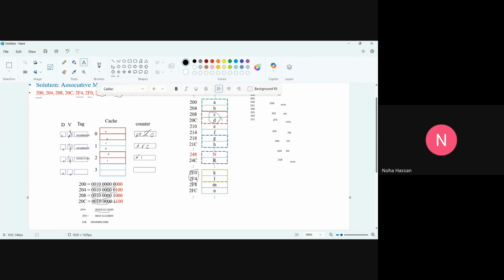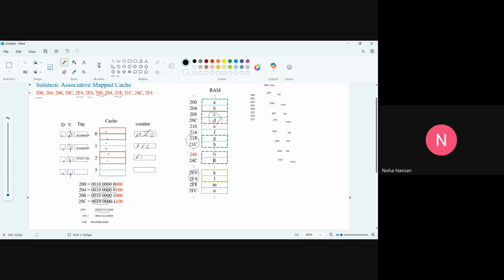So what shall we do in this case? We have to do some changes. Where is 218? 218 lies, you can see here, in this block. And we cannot bring only the G. We need to bring everything. We need to bring the G and the H. So we'll place them in the available block. Of course, V was 0. Now it will become 1.